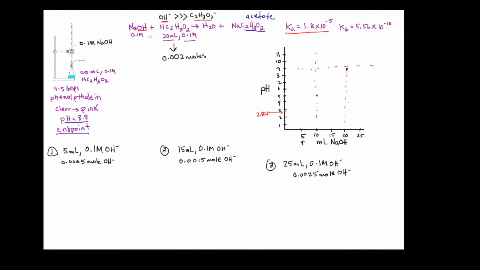being the place where enough hydroxide has been added to completely react with all 0.002 moles of the initial input of the weak acid, producing 0.002 moles of the conjugate base acetate, where acetate then at the equivalence point is the only molecule that is controlling the pH.